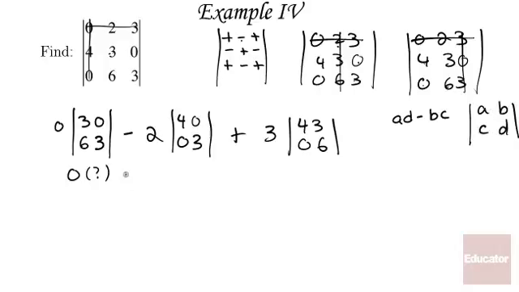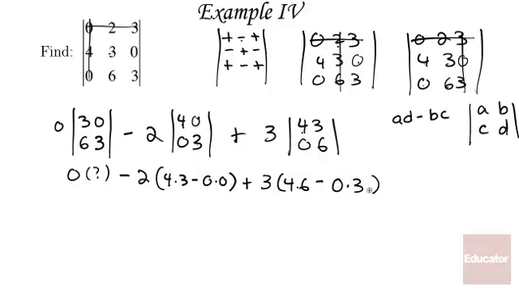So I have -2 times, this is 4 times 3 minus 0 times 0. Plus, okay, so I have this taken care of, plus 3 times AD minus BC. So that's 4 times 6 minus 0 times 3. Okay, do the math now. This is just 0.